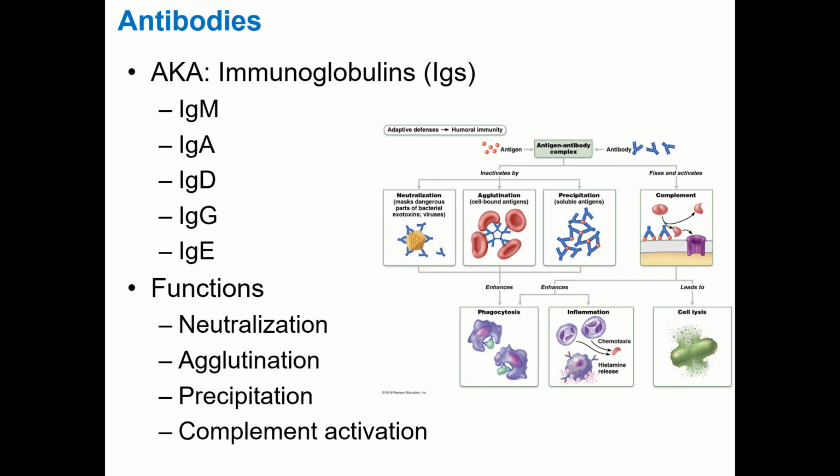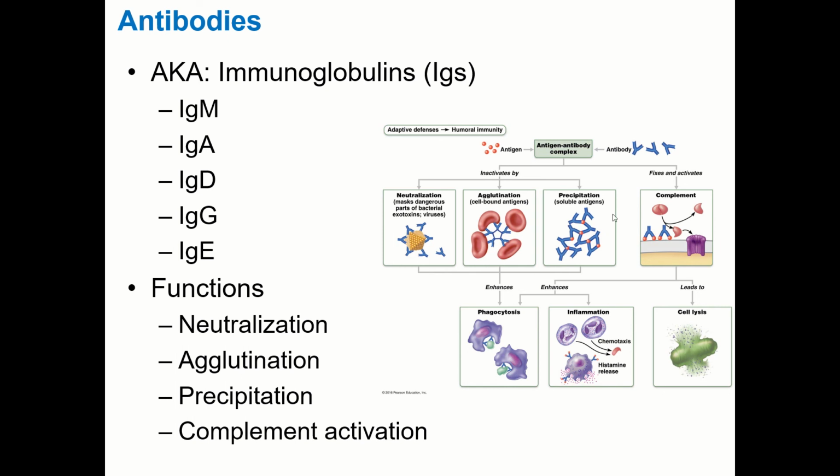But let's pretend these are little coronaviruses. One particular antibody can bind to multiple copies of the virus, and that makes this big clump of them. Then the macrophages can phagocytize that big clump of viruses.